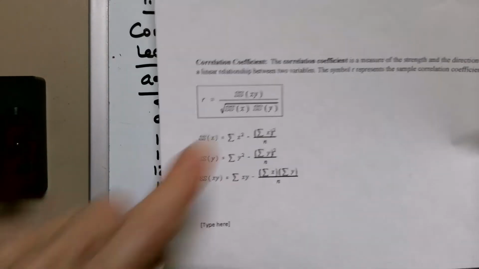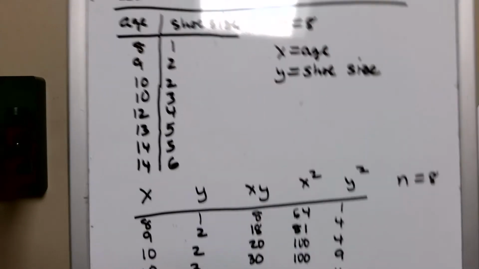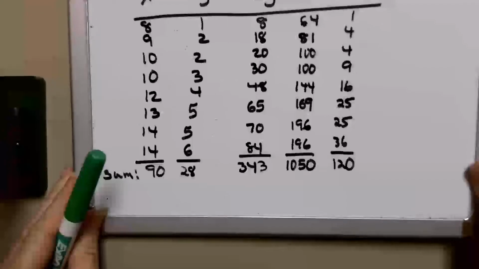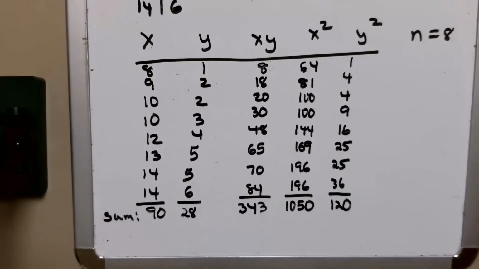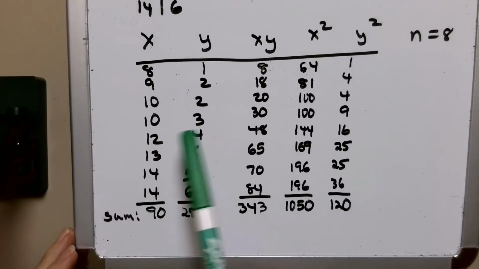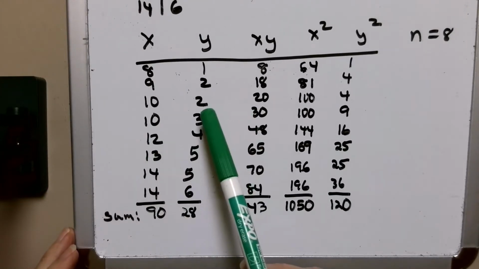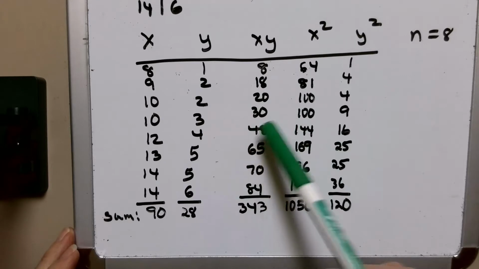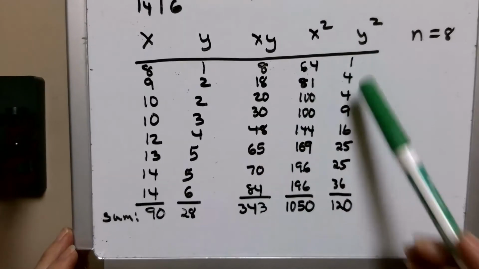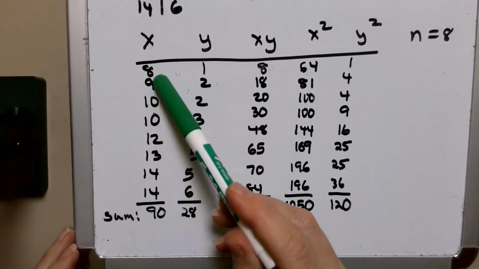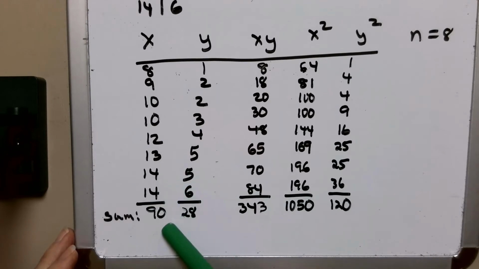To do this formula, we make this table. We make columns of X, which was the age, Y, which was the shoe size, X times Y, X squared, and Y squared. We've got our 8 values for X, and their sum is 90. We have our 8 values for Y and their sum is 28.